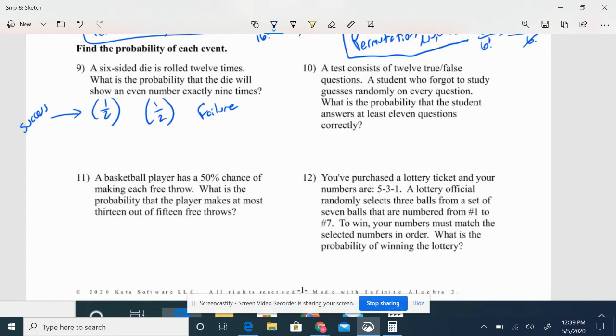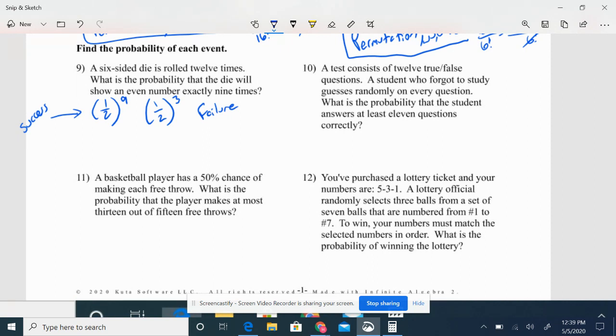Now, I'm looking at 9 times. I want this to work 9 times. So in the success, my x is going to be 9. On failure, I want it to fail 3 times. So look, my probability of success is 1/2. I want it 9 times, so I do it to the 9th.